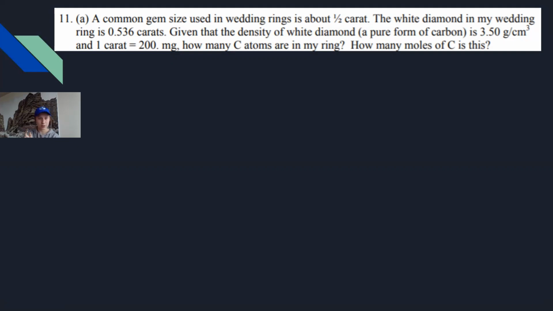So the carats cancel, now you're in milligrams. Then you can go from milligrams to grams, and there's 1,000 milligrams per 1 gram. And then you'll want to divide by the molar mass of carbon, which is 12, because diamond is just a pure form of carbon, like it says in the question. And then you'll multiply by the number of atoms, and then you can get that.